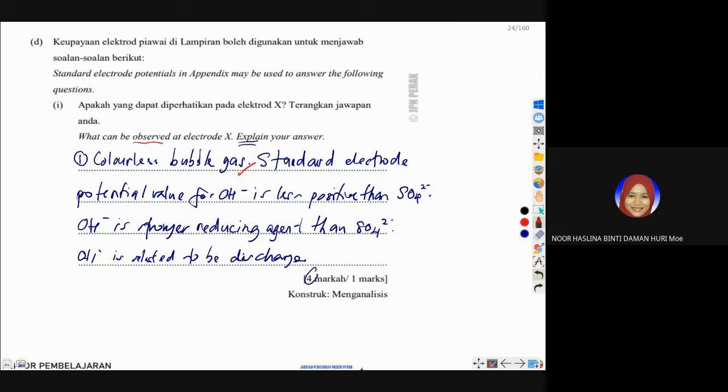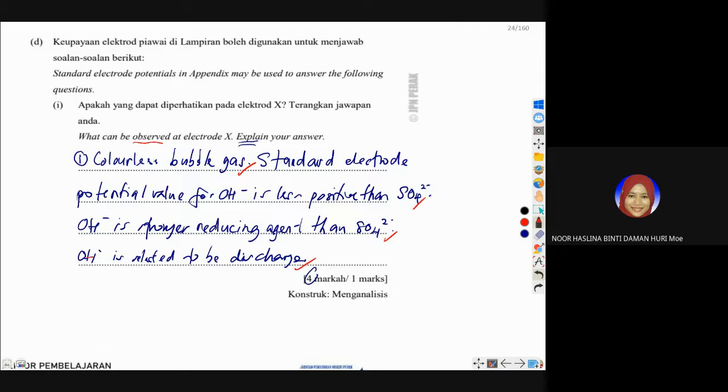And then explain why: because the standard electrode potential value for hydroxide ion is less positive than sulfate ion. It must be less positive than the sulfate ion. That is the second mark. The third mark: the hydroxide ion is a stronger reducing agent than sulfate ion. Lastly, hydroxide ion is selected to be discharged. So you can get 4 marks here.